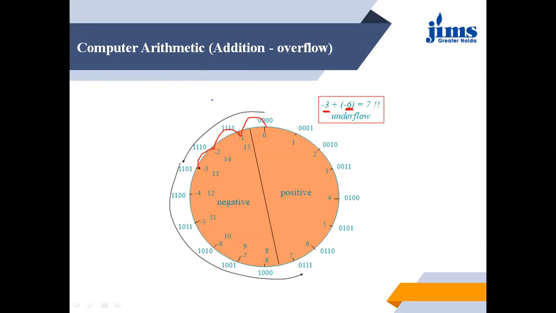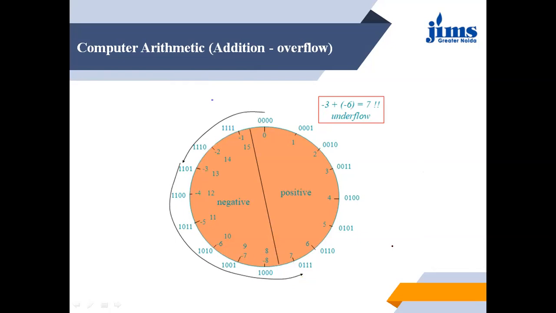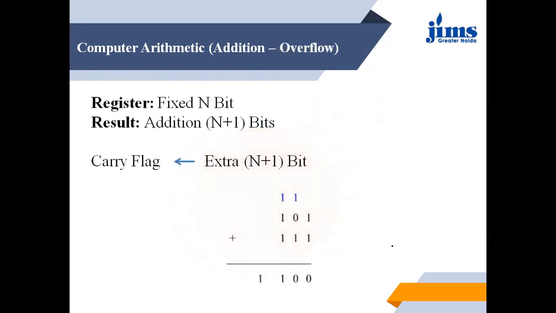So this is 1, 2, 3, 4, 5, and 6. Now it's changing from negative to positive. This is an underflow. So I hope now underflow and overflow will be clear to you. There will be no confusion.